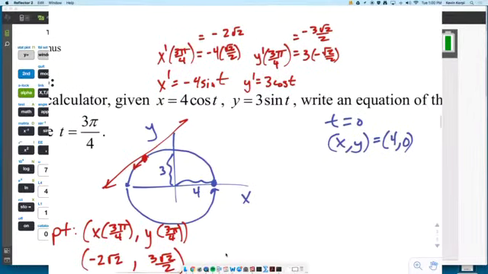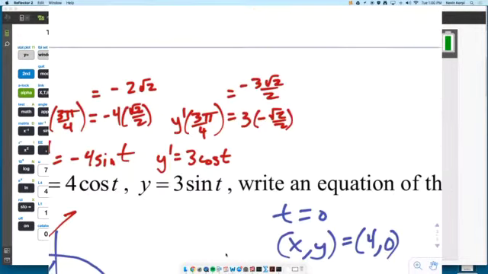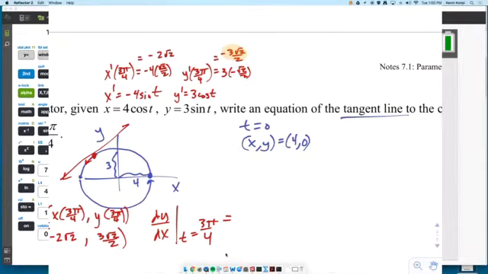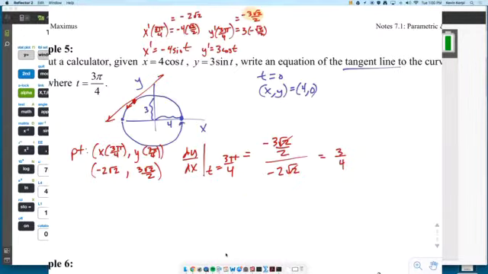So how do we find the slope then at that point? Well, dy dx, when t equals 3 pi fourths, is just what we just found up here. It's going to be that number, which is y prime at that point, divided by the other number, negative 2 square root of 2. And if you simplify, your square root of 2's will divide out, and you end up with 3/4.